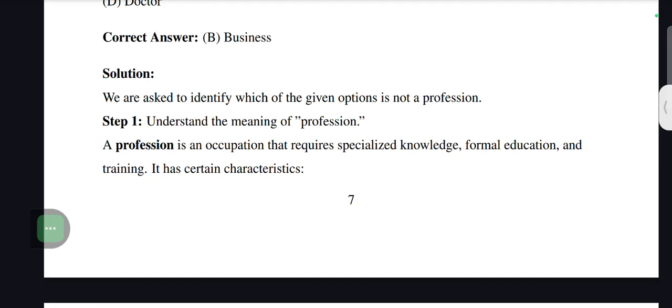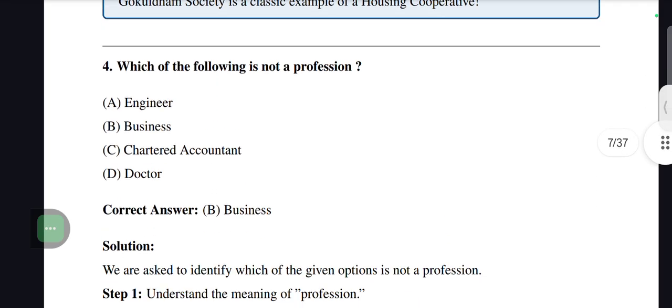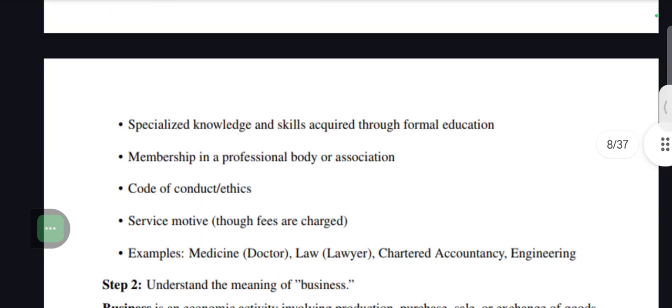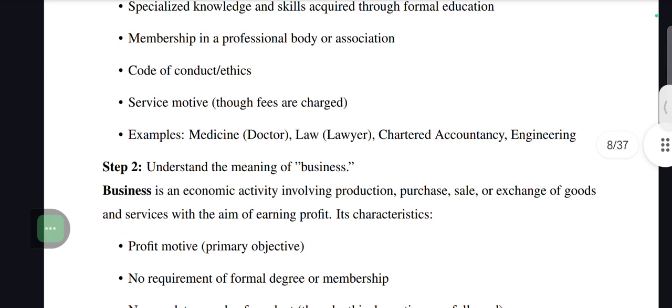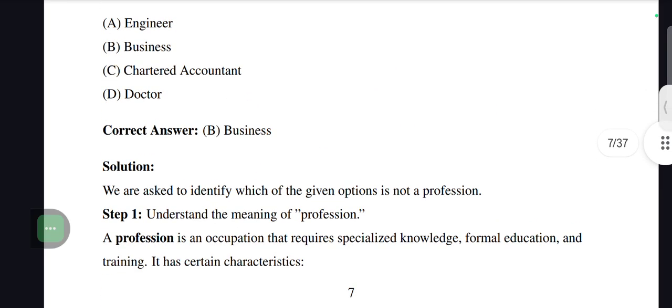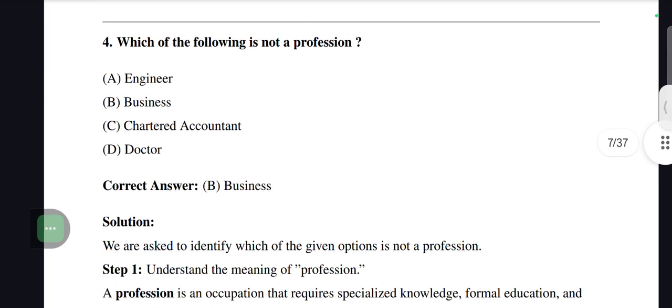Okay. Now, the question they asked: which of the following is not a profession? So let us see one by one. Business is an economic activity that involves production, purchase, sales, or exchange of goods and services. While engineers do engineering work, like civil, they do professional work so that they can build something.